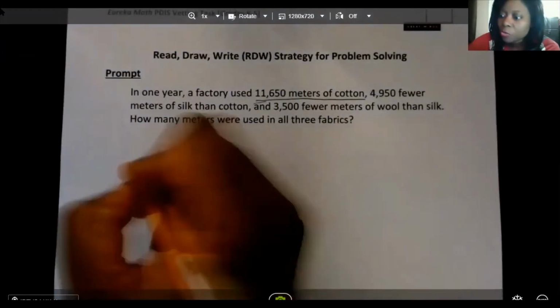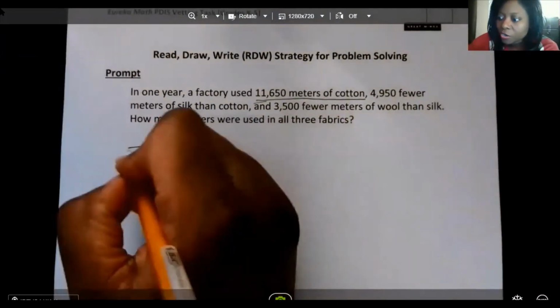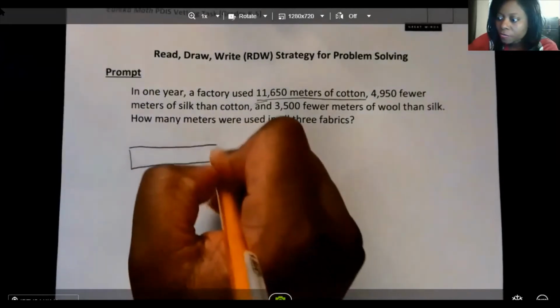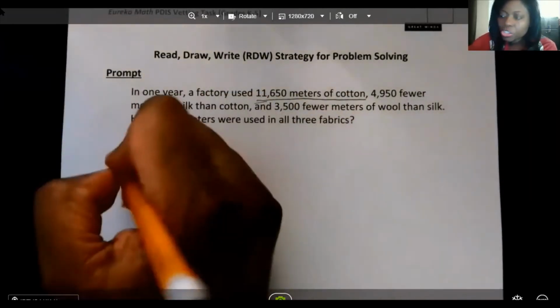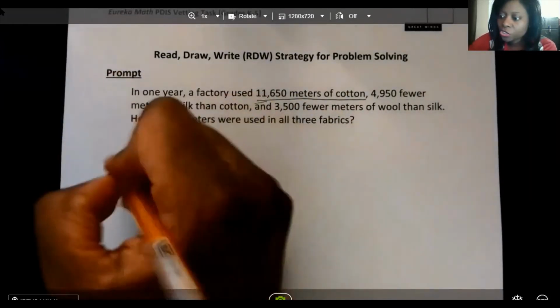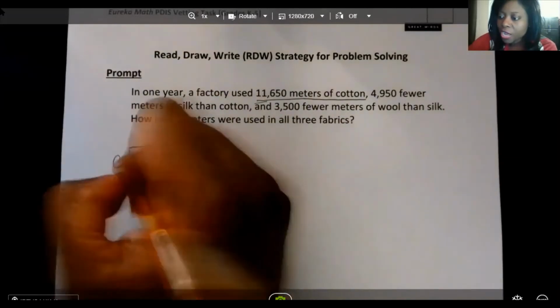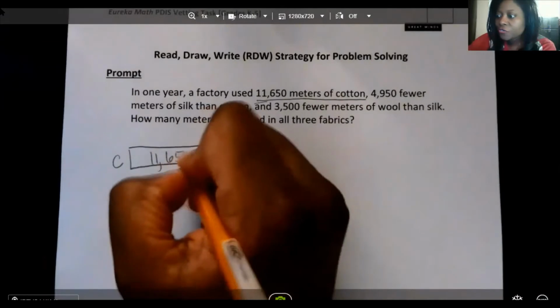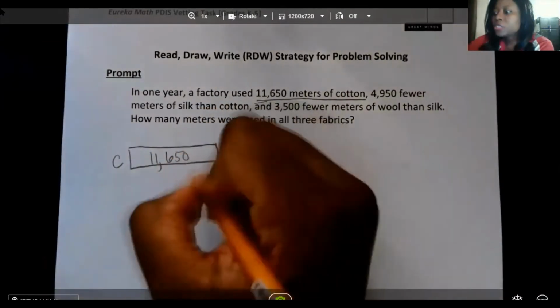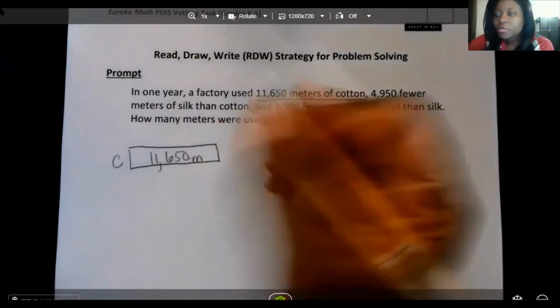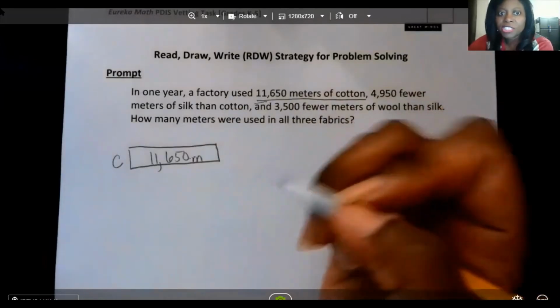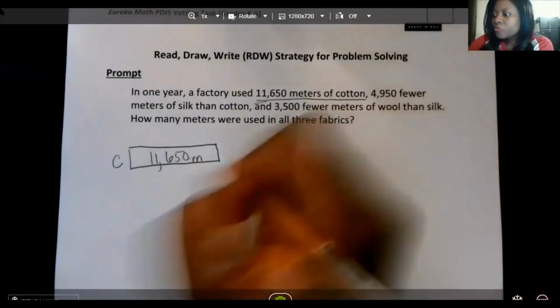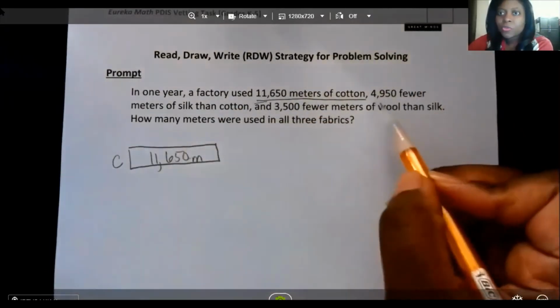So the first thing I'm going to draw is, let me draw my tape diagram. So we read it. Now we're going to draw, and this is cotton, and it represents 11,650 meters. Now don't forget the unit.